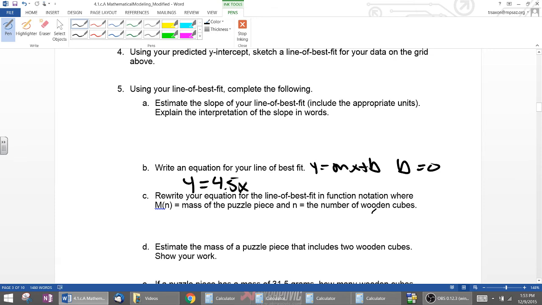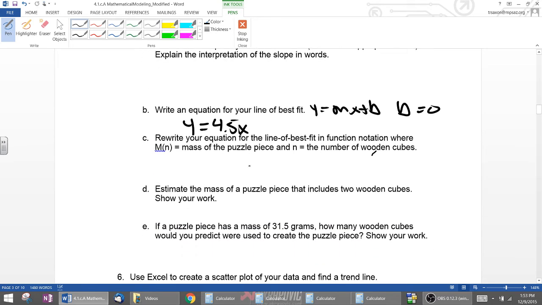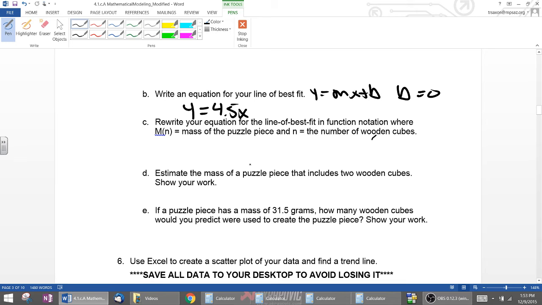The next question asks you to put it into function notation of m of n, in other words, the total mass based upon n cubes. All you do is substitute m of n for y, and substitute the letter n for x. So m of n equals 4.5n.